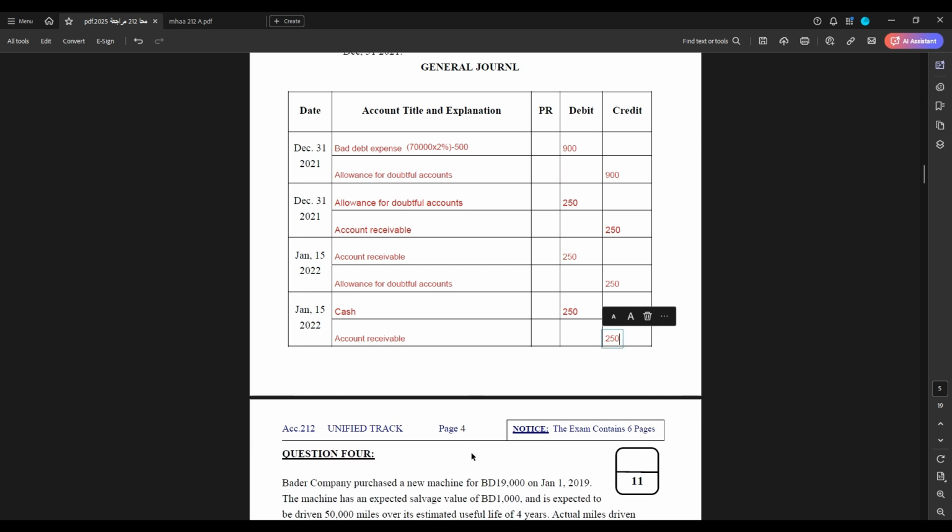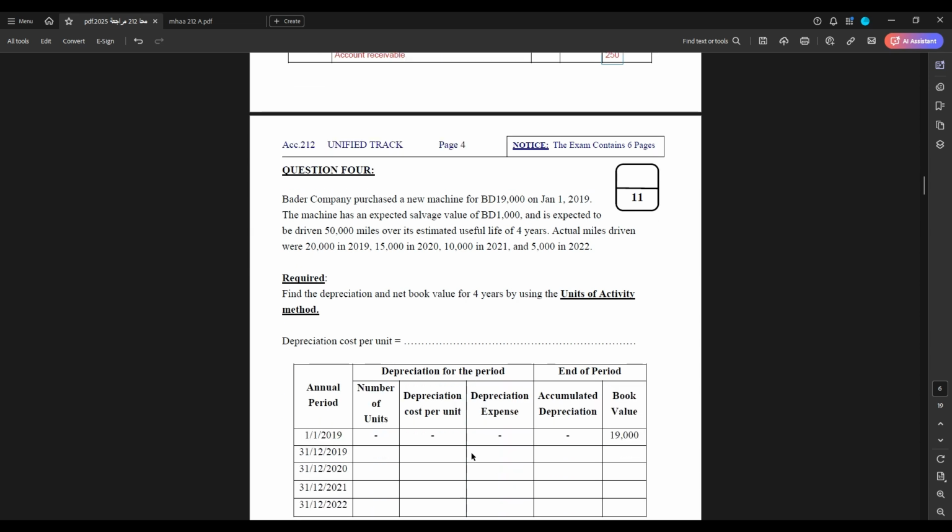Now moving to question 4. Question 4 says Badr Company purchased a new machine for 19,000 on January 1st, 2019. The machine has an expected salvage value of 1,000 and is expected to be driven 50,000 miles over its estimated useful life of 5 years.